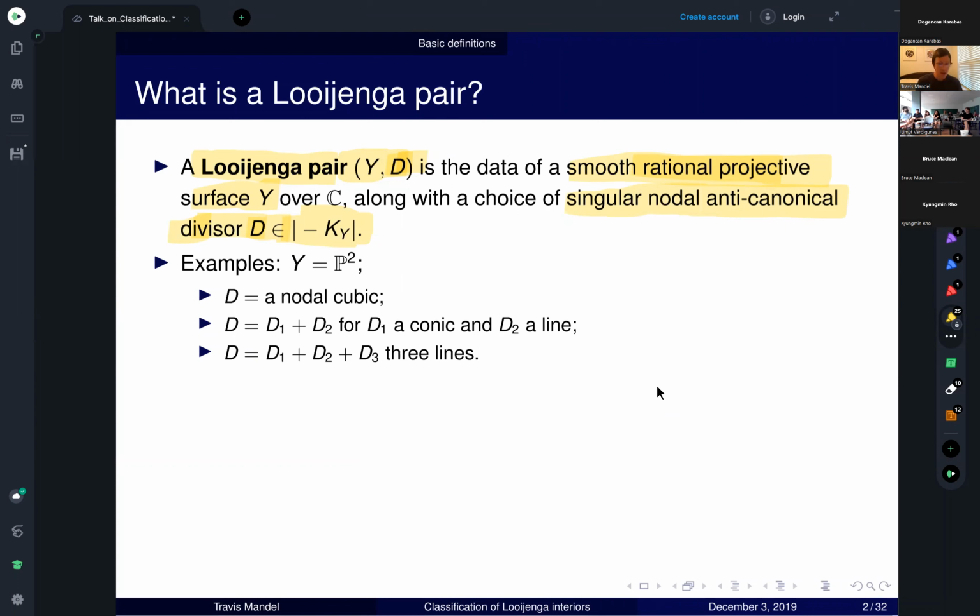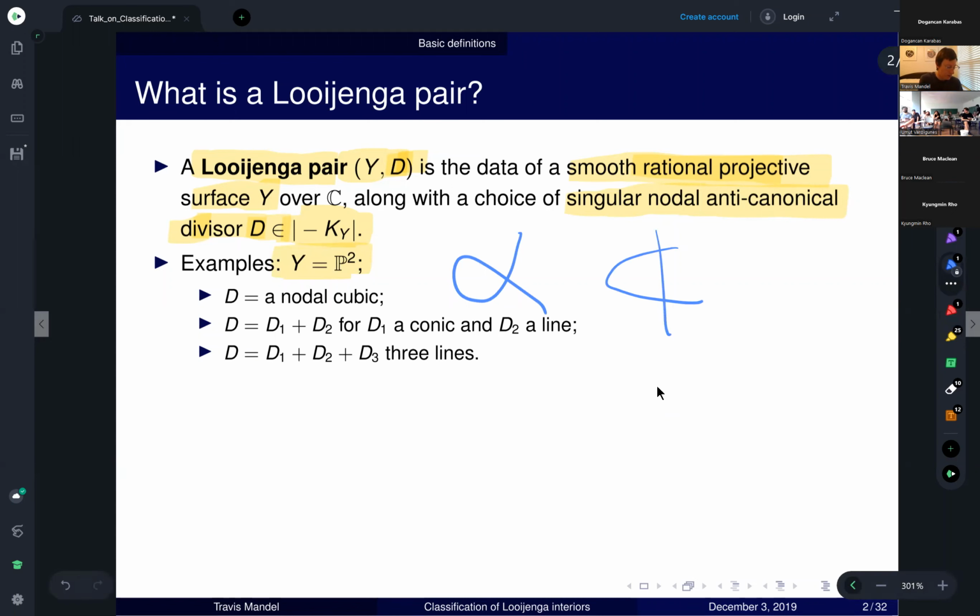So some of the most basic examples are where Y is equal to P2. Some examples of D might be a nodal cubic, or D could be a conic and a line.